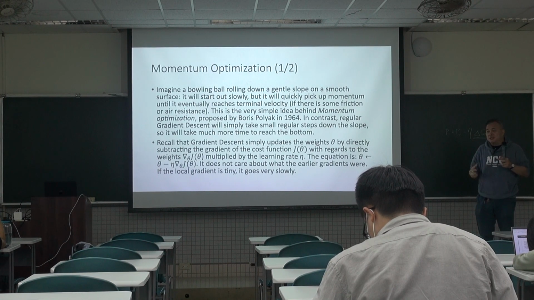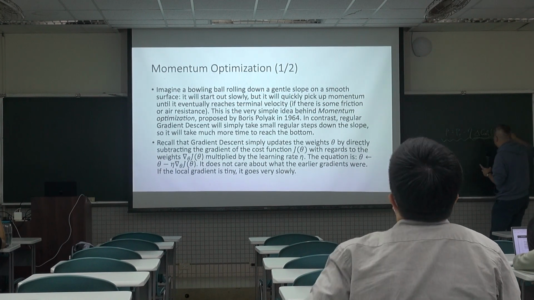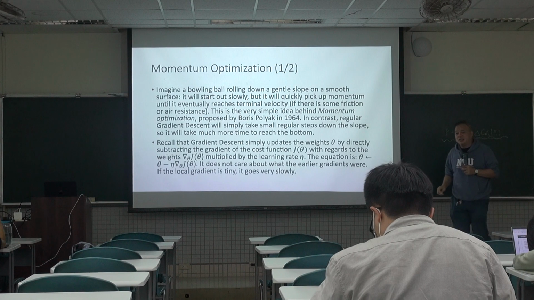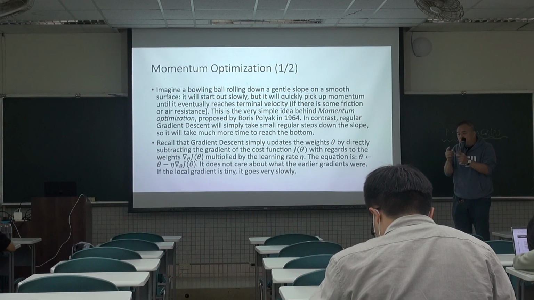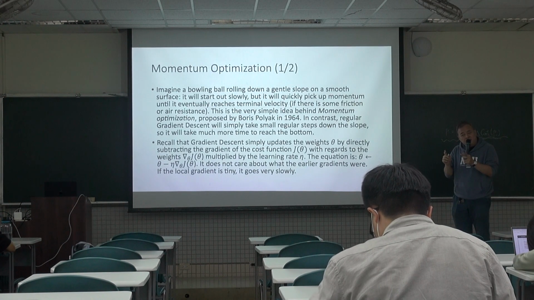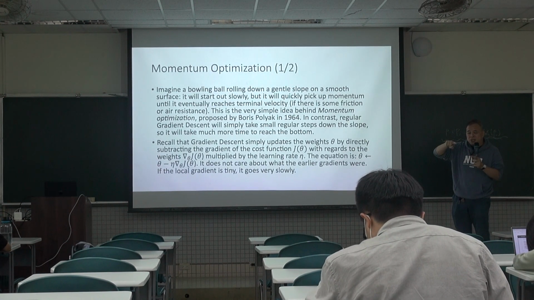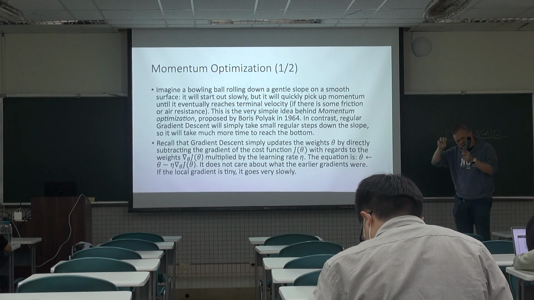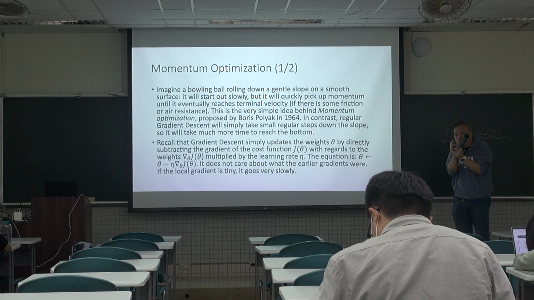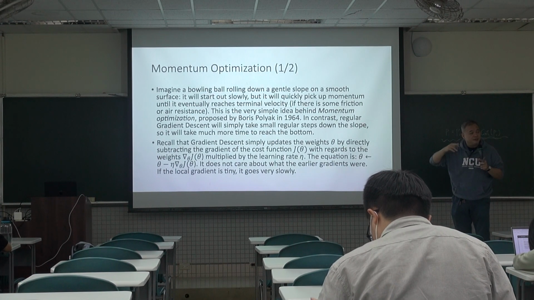So what's the difference? The difference is that in this approach, there's no acceleration. The gradient you had from the previous step does not have any impact on the movement speed at the next step.